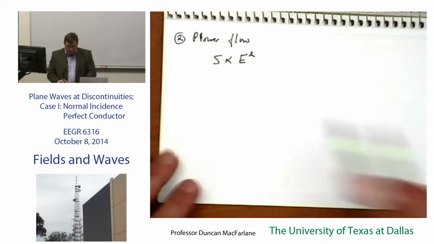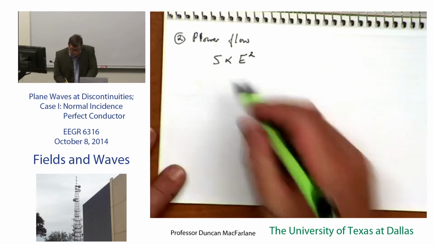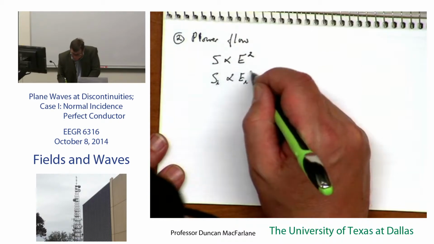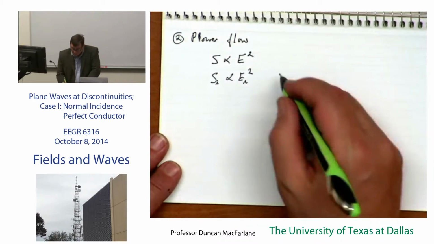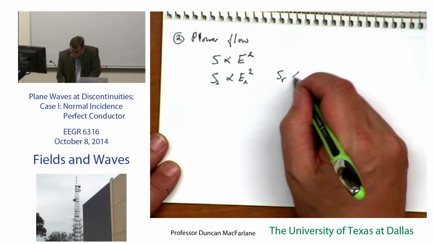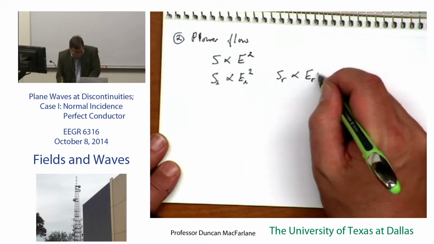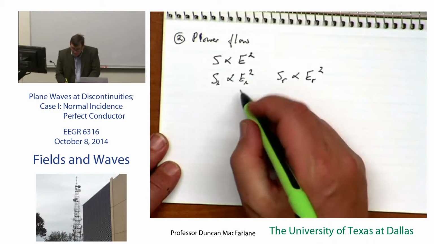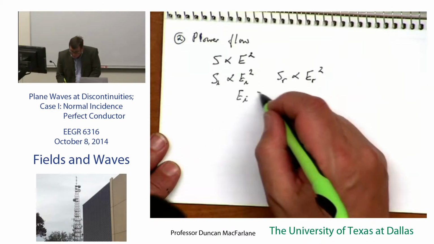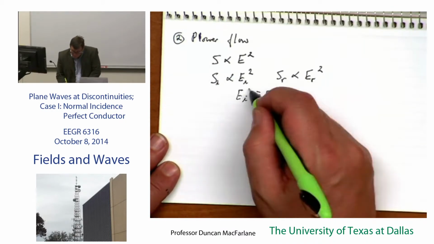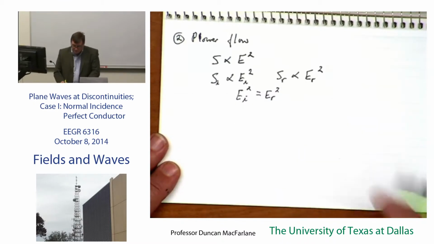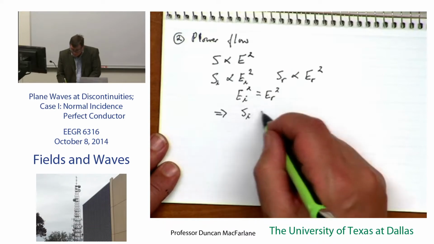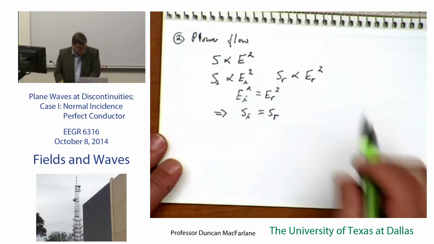So S incident is proportional to E incident squared. S reflected must also be proportional to E reflected squared. E incident is equal in magnitude to E reflected, similarly when I square them. And so what that suggests is that S incident has to equal S reflected.